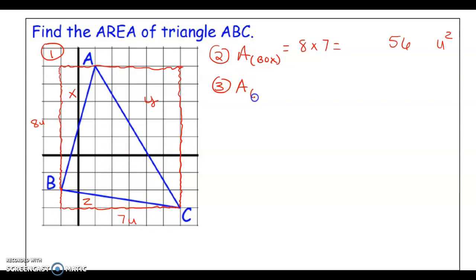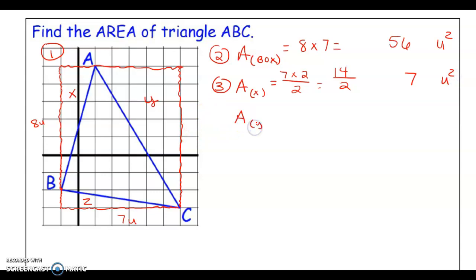So let me do the area of X, and this is going to equal 1, 2, 3, 4, 5, 6, 7, 1, 2. So my non-diagonal sides, or my base and my height, 7 times 2. Notice these are all right triangles that I've created off these diagonals. Divided by 2. So I have 7 units squared.